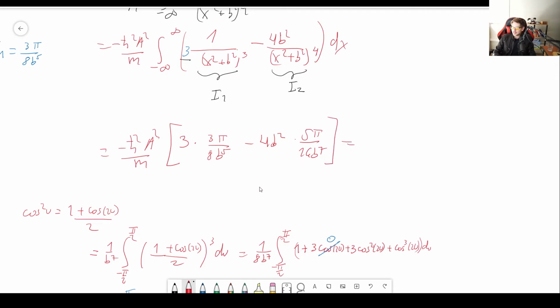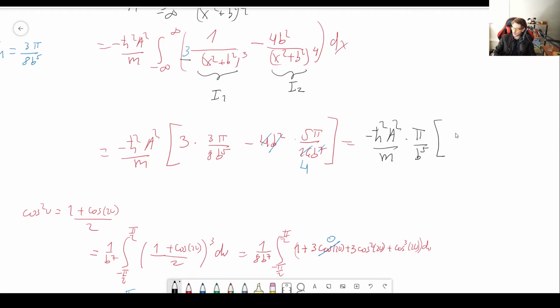So let's see, we can factor out pi and b to the 5th. We can see that this cancels out this partially, this cancels out this partially. So we can do minus h bar squared a squared m times pi over b to the 5th.